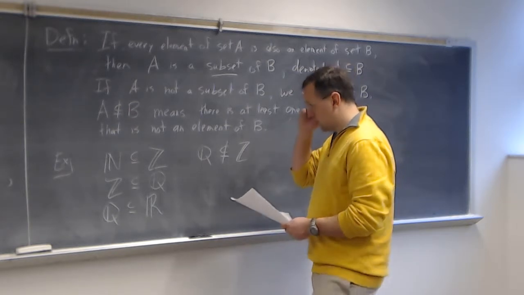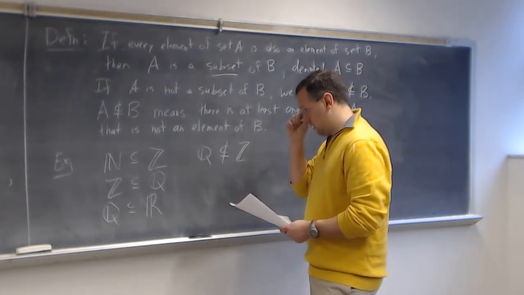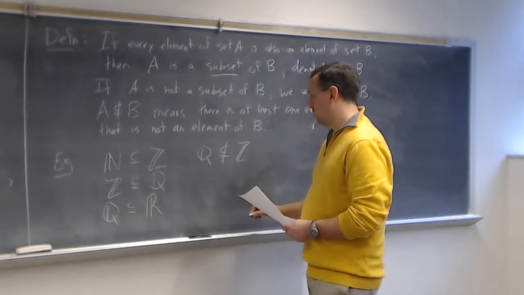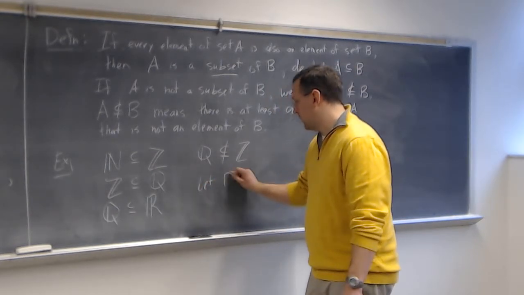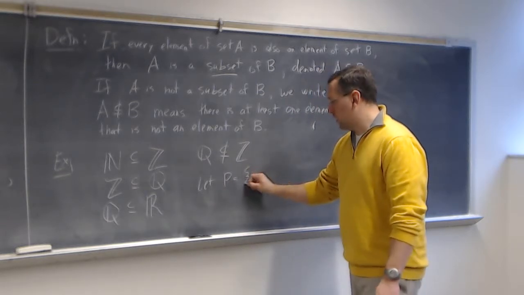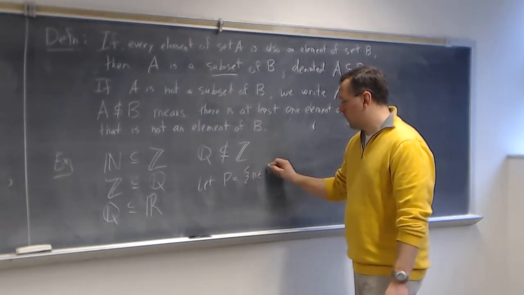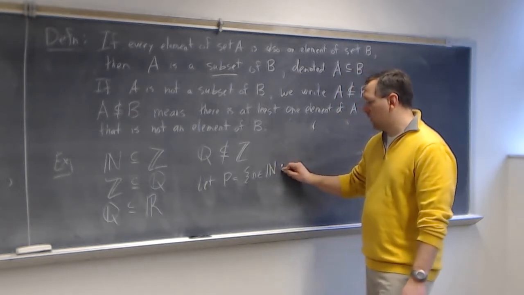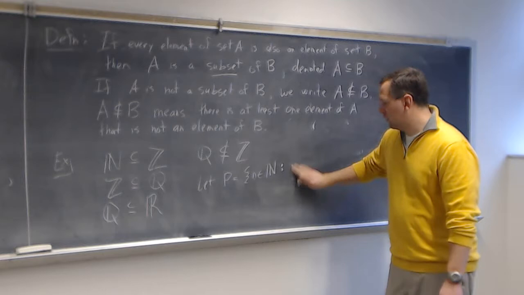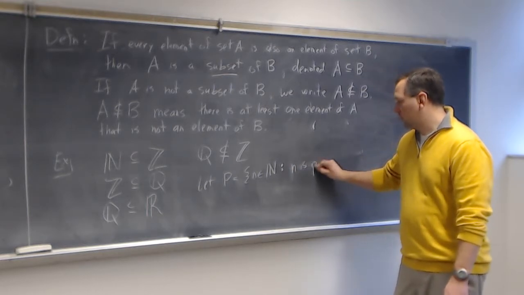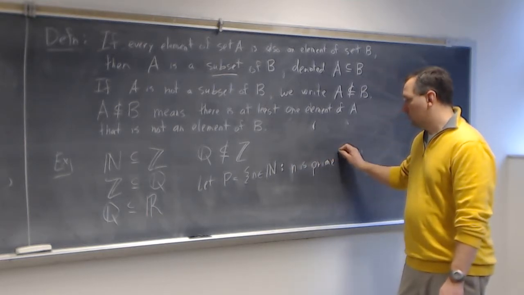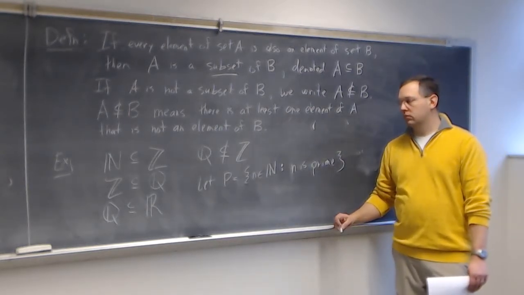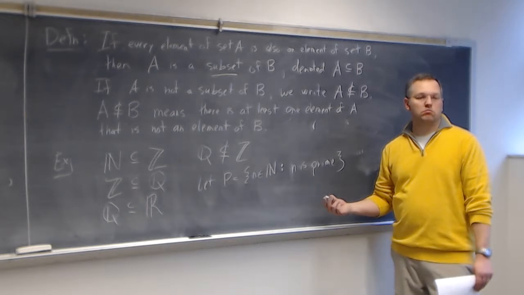How about this? Okay, how about I define a set? Let P be the set of prime numbers. So I'm going to write it like this. How about the set of natural numbers n such that n is prime. Okay? So P is the set of prime numbers.